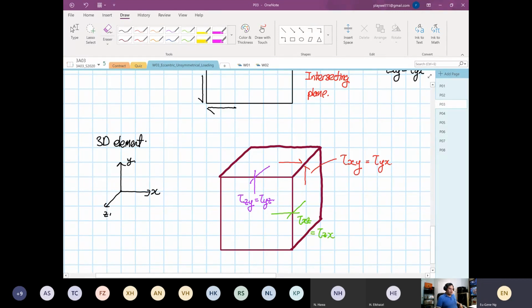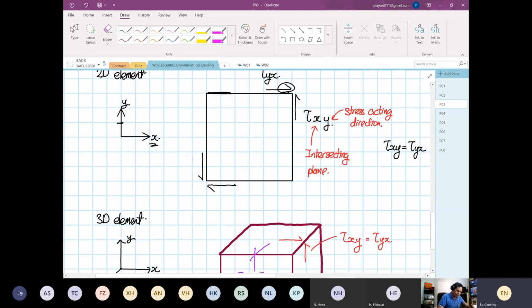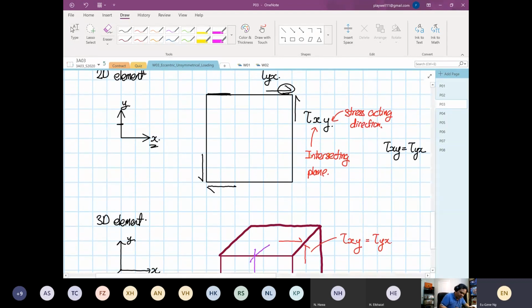For the start, it looks confusing, but it takes getting used to. You need to know the first subscript defines the intersecting plane, and the second one is the stress acting direction. That's it for now. As I said, I'm not going to go into positive or negative shear stress yet. That will be left for Mohr's circle. Now the next thing that I would like to highlight over here.